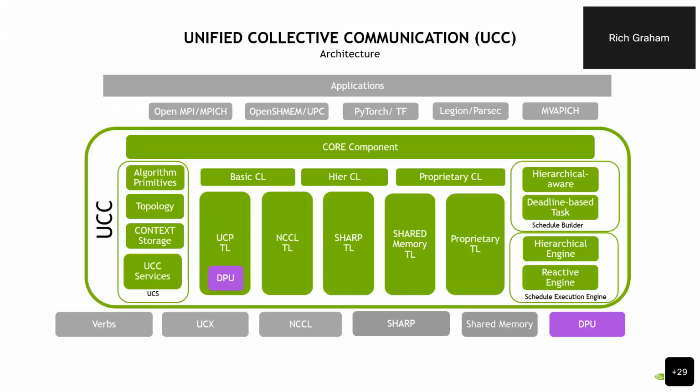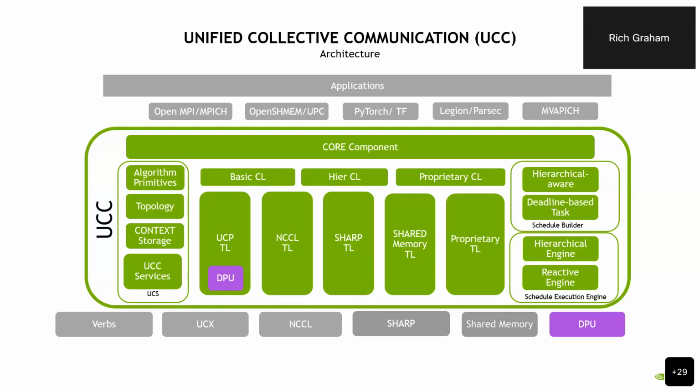An architecture picture, similar to other architecture pictures you've seen in the past for UCC. So again, at the top of the stack, all of this is aimed at driving applications. It's driving several different libraries or capabilities underneath it.